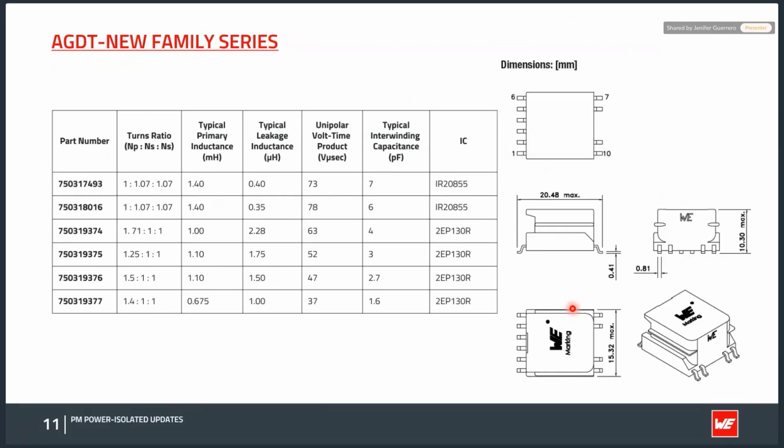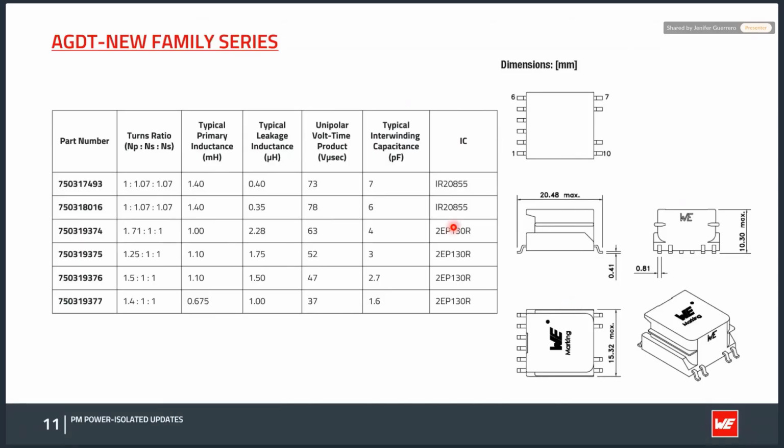Now the focus of my presentation is to give you an overview of the latest edition of our auxiliary gate drive transformer family, designed specifically to support today's high performance gate driver ICs.